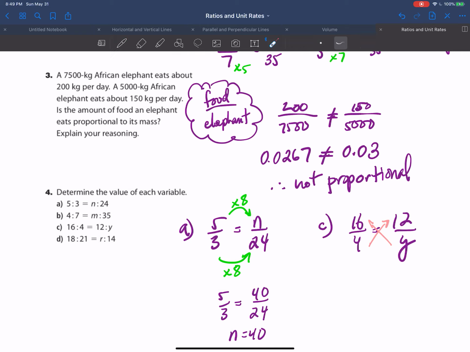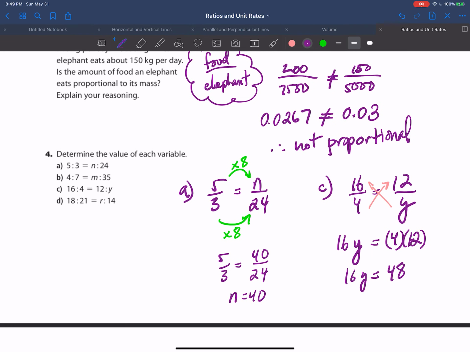So this 4 is going to travel up the arrow and multiply with the 12.